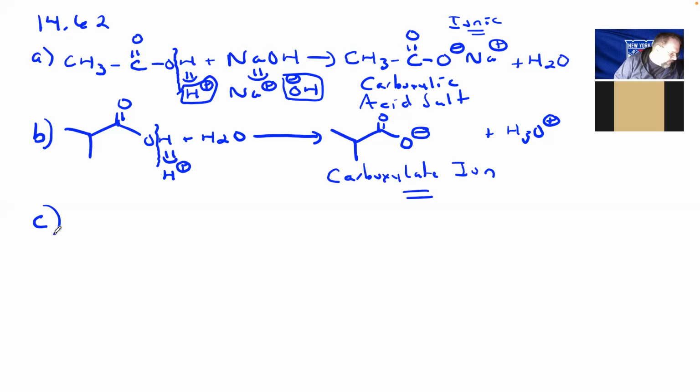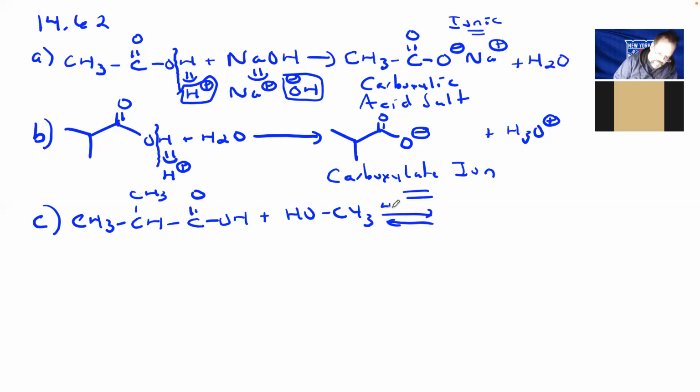Right, letter C. Here we have another carboxylic acid. This time we're reacting it with an alcohol. They give double arrows, not really a big deal.